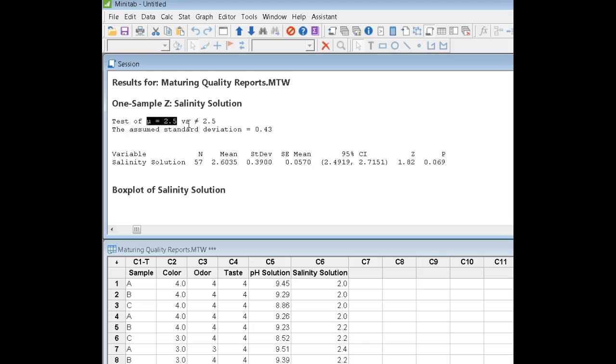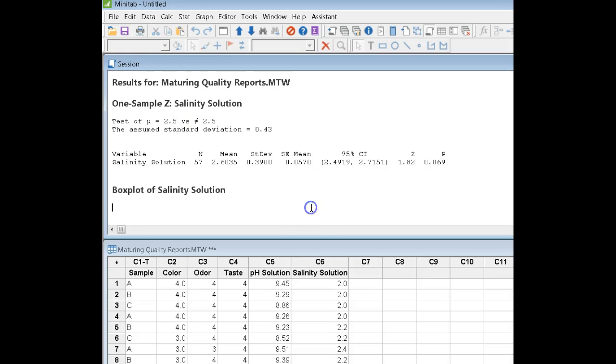Is it exactly 2.5? No. I don't know that, but I do know that it's not significantly different. Now, my p-value is simply telling me that my mean is somewhere in the order of 2.5.